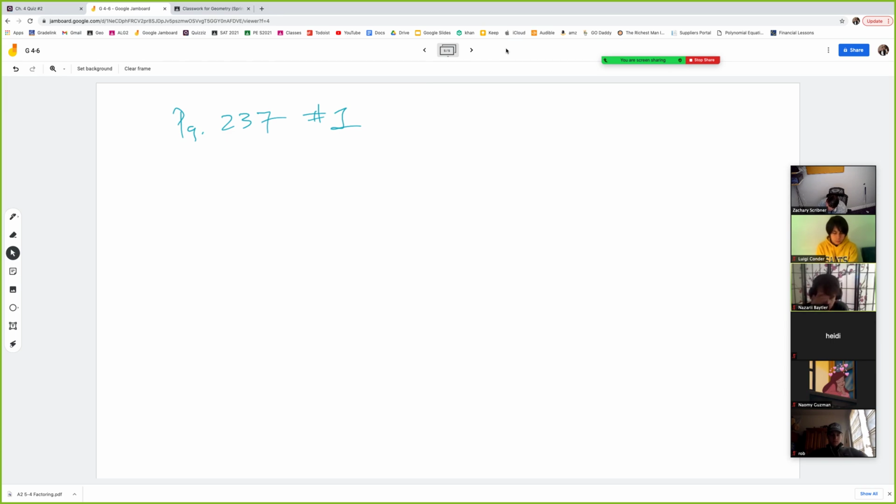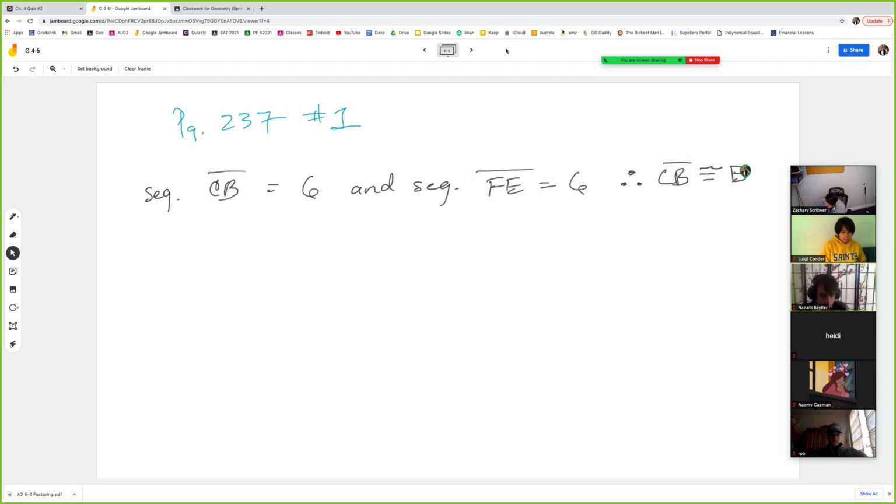If we were writing a paragraph, we might say segment CB is equal to 6, and segment FE is equal to 6. Therefore, CB is congruent to FE by the transitive property of congruence.